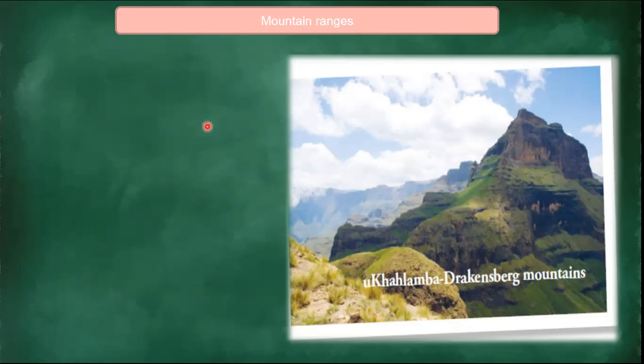We have Leletu. Katleho on the group chat says it's an area where there are many mountains. Lisedi also says many mountains close to each other. We have Leletu here.